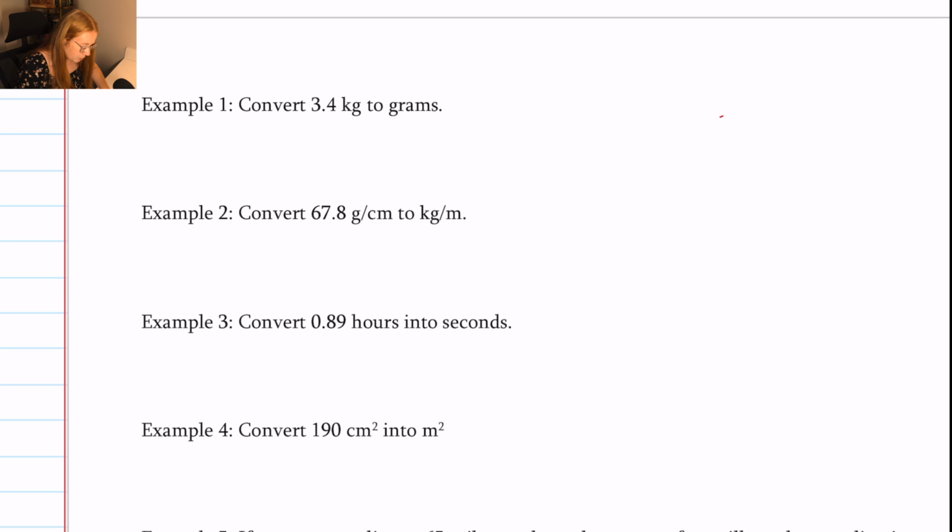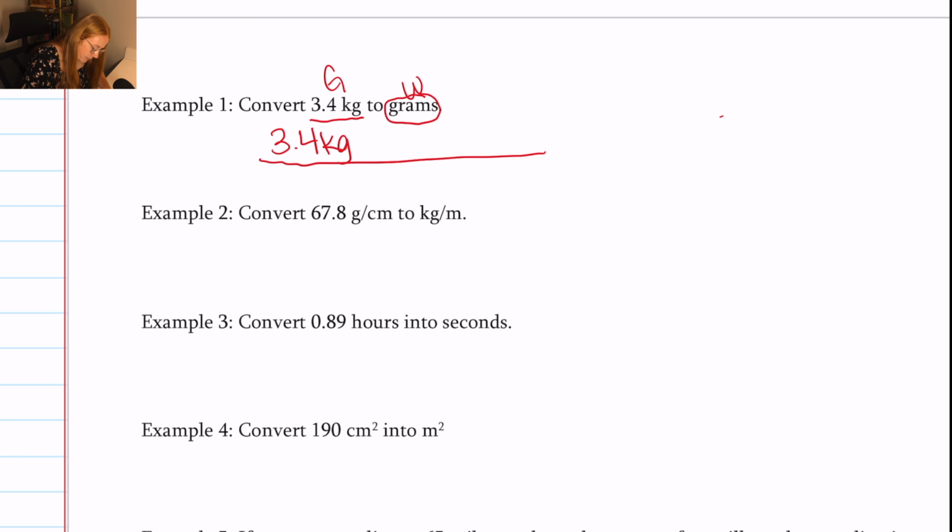Okay, so let's look at our first problem. In this problem, we have 3.4 kilograms, so that's my given. And then it wants me to convert it to just regular base grams. So let's start off the problem just by starting with the given. So my given is I have 3.4 kilograms, and then set up your railroad track.